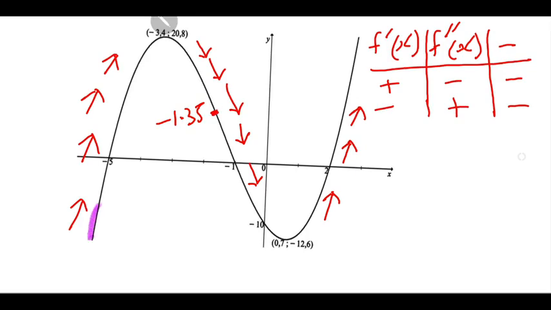So the graph is concave down till the point of inflection. From the point of inflection, the graph is concave up. Where is graph concave down? Second derivative is negative. Where is graph concave up? Second derivative is positive. Now I can give the answer easily.